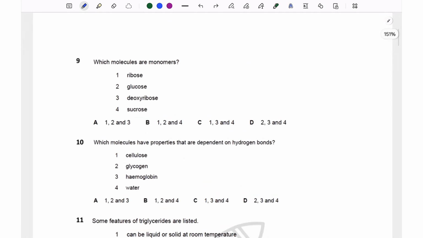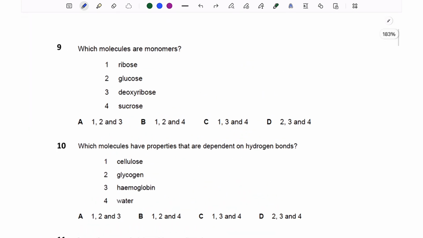Next question. Question 9. Which molecules are monomers? Ribose, it is a monomer, yes, because it is a 5-carbon sugar. It is in the RNA nucleotide structure. Ribose is found in there. Then glucose is also a monomer.